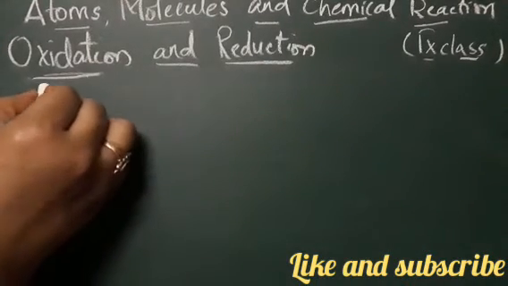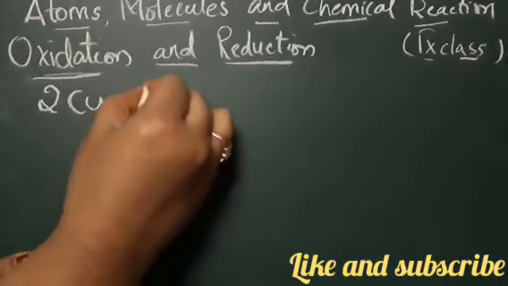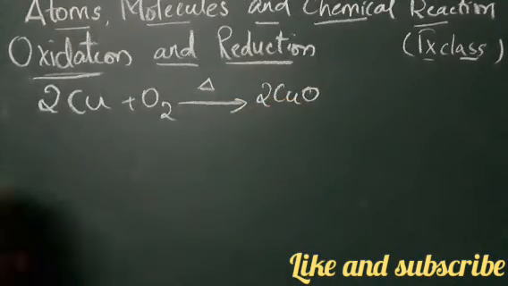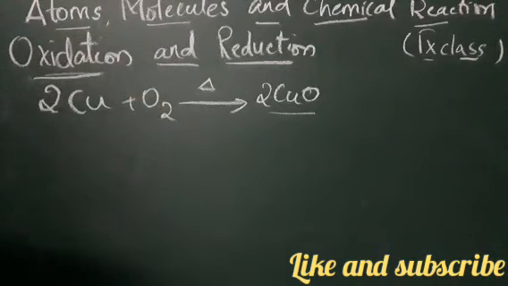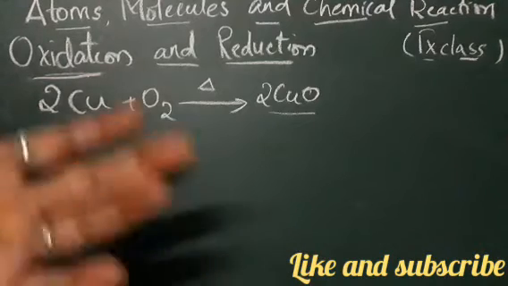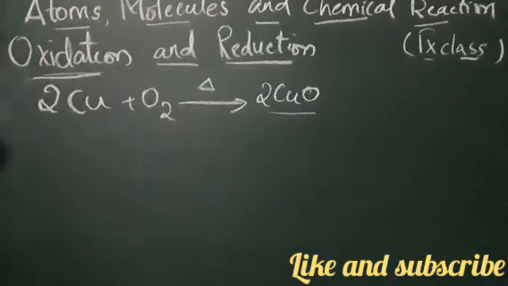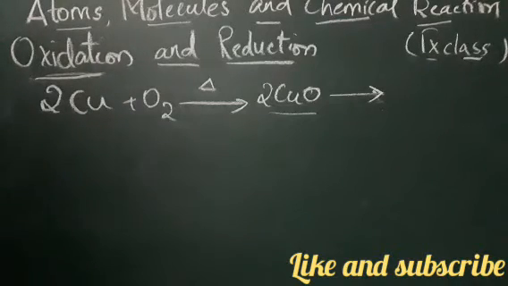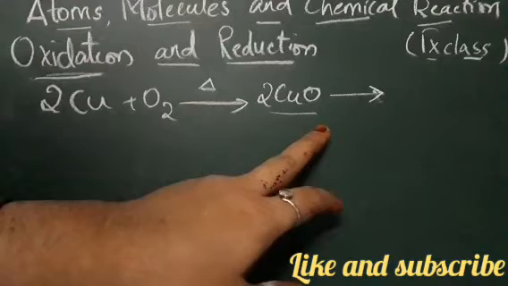As we have gained under oxidation, that is we have added oxygen, and on heating we got 2 copper oxide, right? Then when we pass hydrogen gas over this hot copper oxide, what will happen? We will notice that the black coating on the copper turns brown because copper oxide loses its oxygen to form copper.